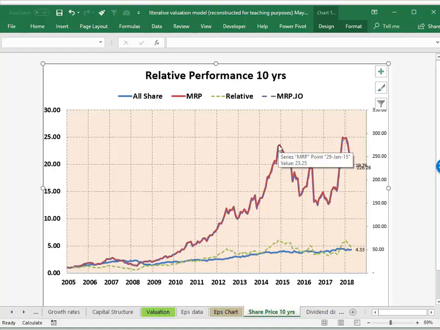Some really great performance. And then there's a decline here in the share price towards the end of 2015. In 2016 there's a spike up, and then this further decline back down to these lows at the end of 2016.